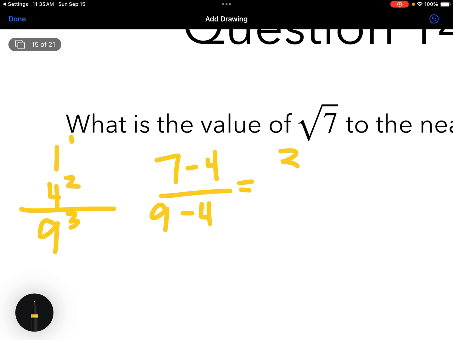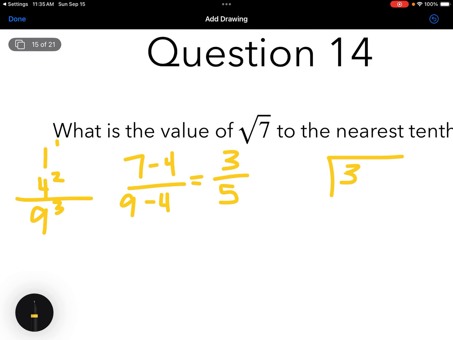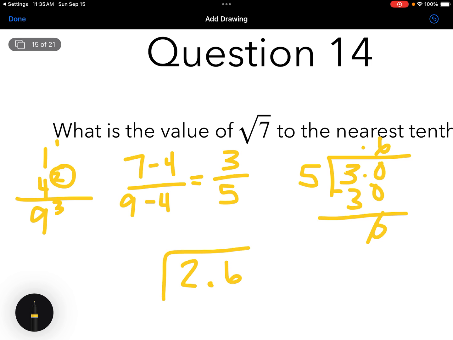So that leaves me with 3 divided by 5. Decimal point, 0. 5 goes into 30 6 times. So I end up with 6/10. And then I have to choose the perfect square with the smaller number, so it should be 2.6.